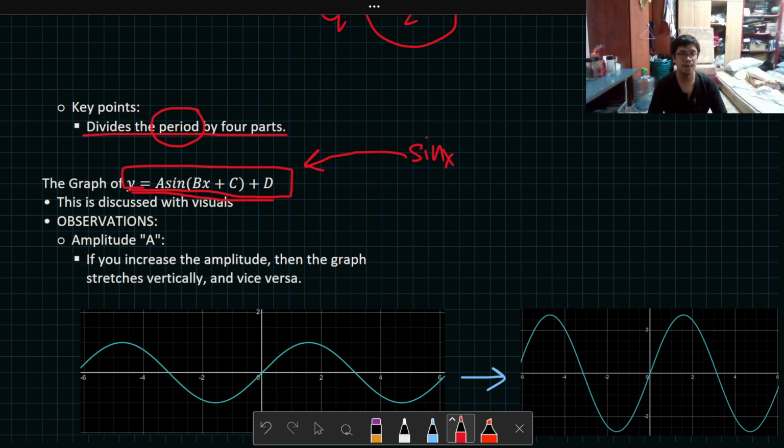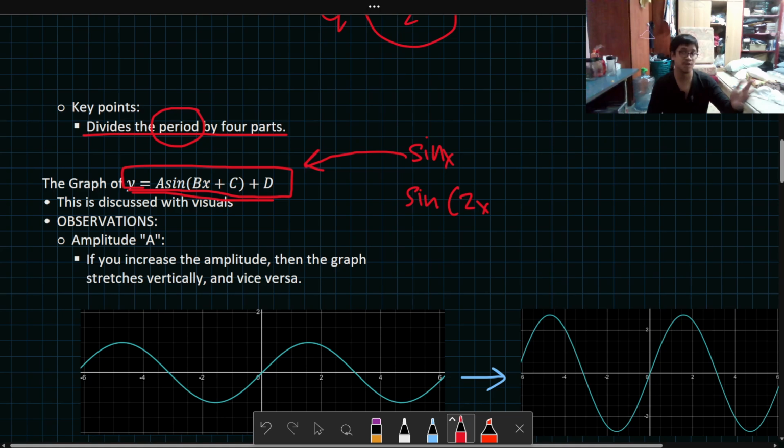There exists a coefficient to the x, but not only that, it also has a number. For example, we have a coefficient for x, which is 2. Now, what I mean by coefficient, I don't mean 1, but aside from 1. You get me? So basically, there exists a number. So again, going back, what if we have sine of 2x minus 1?